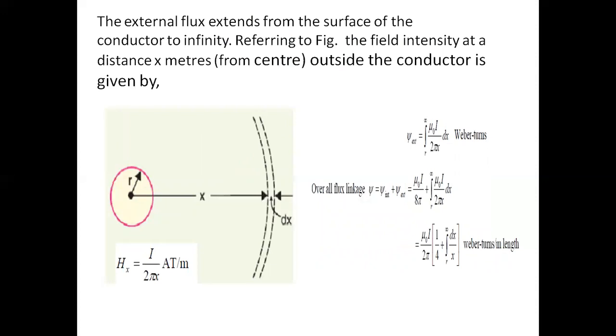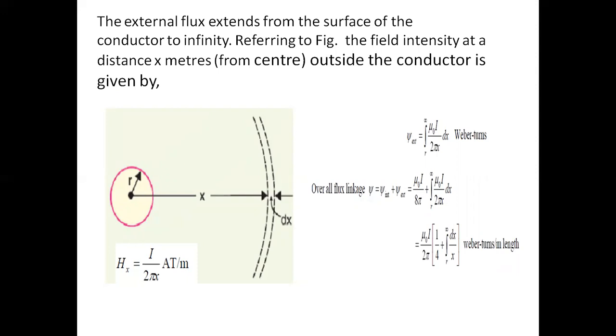Next, I'm going to find the flux linkage due to the external flux. The external flux extends from the surface of the conductor to infinity. We have to assume the two conductors are in parallel. Now I'm going to find the flux linkage in conductor A. Conductor B is placed at infinite distance. Now the field intensity at a distance x meters outside the conductor is given by.